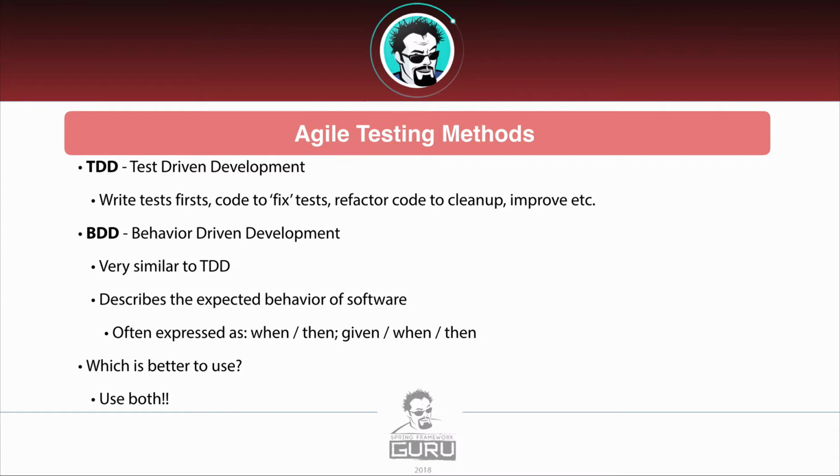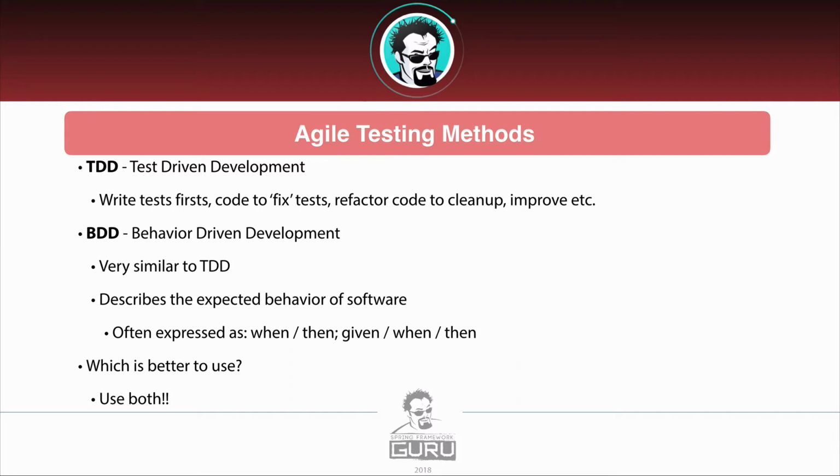A lot of times you are going to express your BDD test as: given a condition, when this happens, then I expect this result. So just having that logic there does help you visually structure your test better when you start thinking about how you're going to write the test.